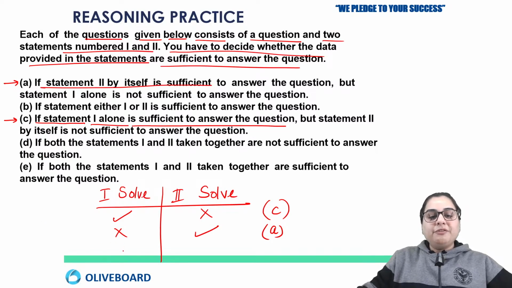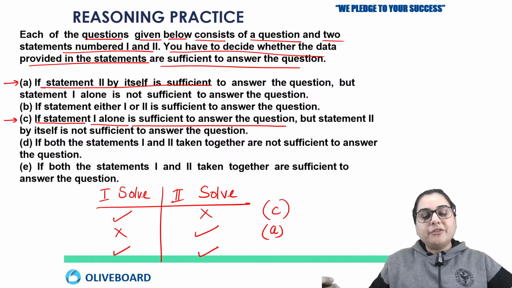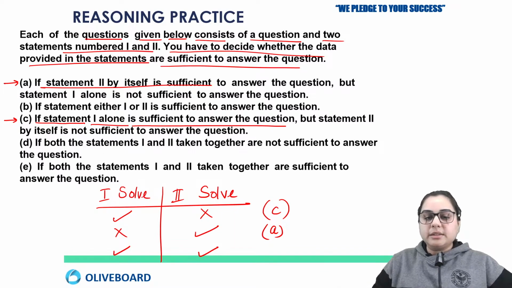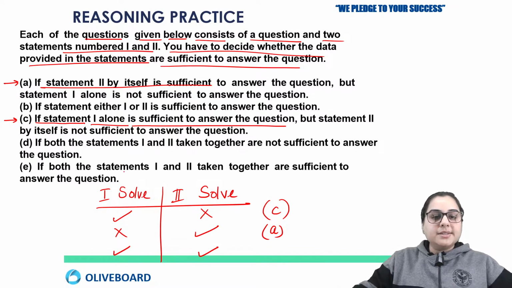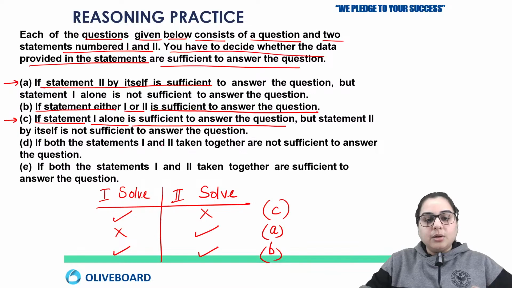If you get the answer from both, individually from the first and individually from the second, then your answer here will be option number B. You can check whether statement either 1 or 2 is sufficient to answer the question. It's either 1 or 2.